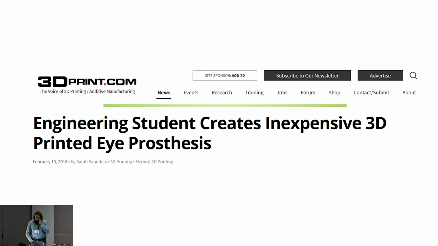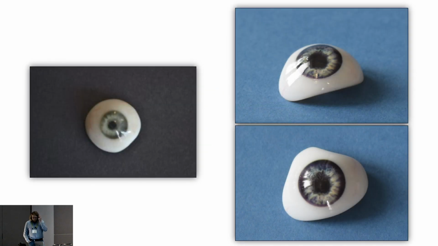And so you might be asking, why is this important at all in the first place? I have this interesting collaboration with a student from Brno University of Technology in the Czech Republic, who lost his eye when he was young.